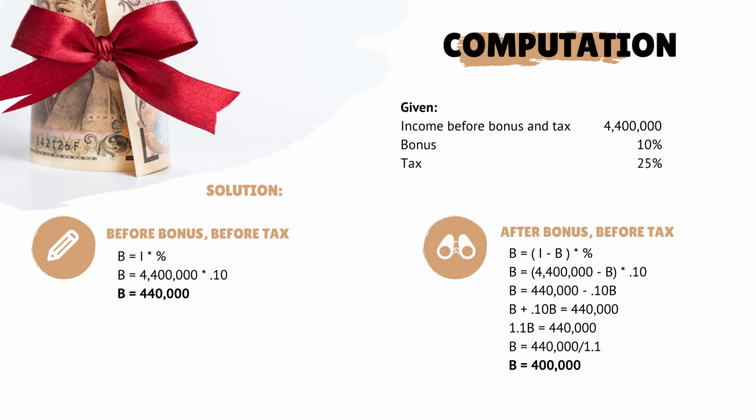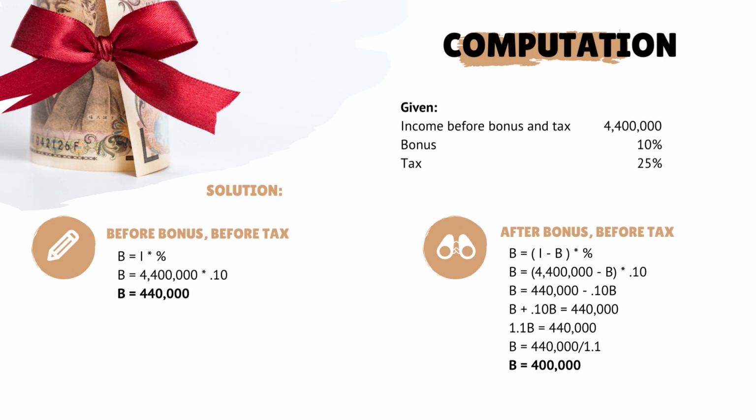This is the simplest of all. So 4,400,000 times 10%, that is 440,000. Okay?